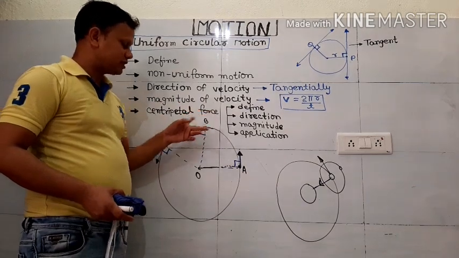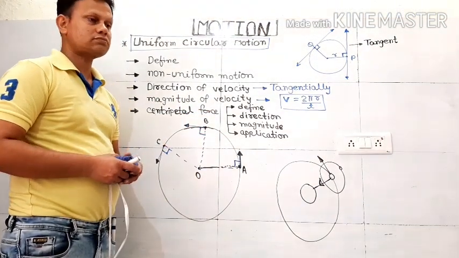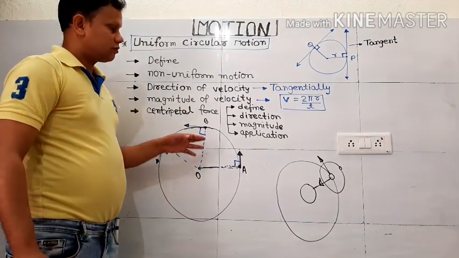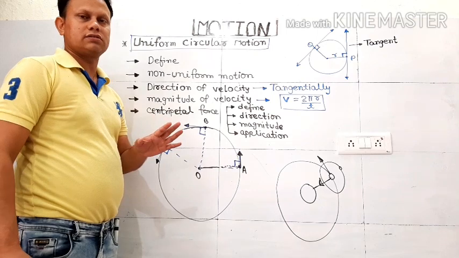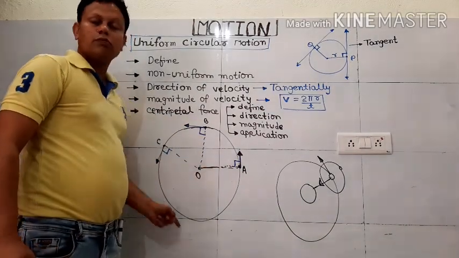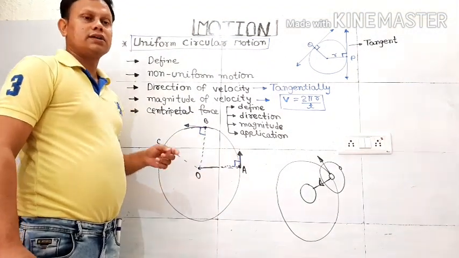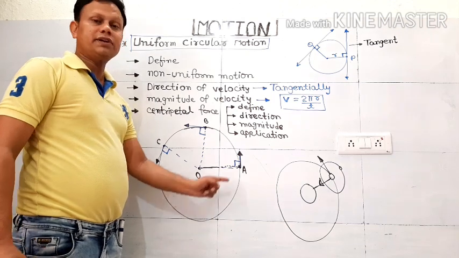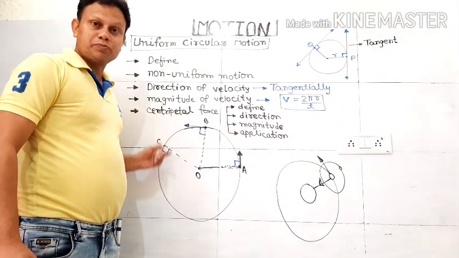Now how do we measure the magnitude of velocity on the circular path? Since it is a situation in which the speed remains constant, if one body is revolving around anything on a circular path, this whole length will be taken as the distance, that is the perimeter.